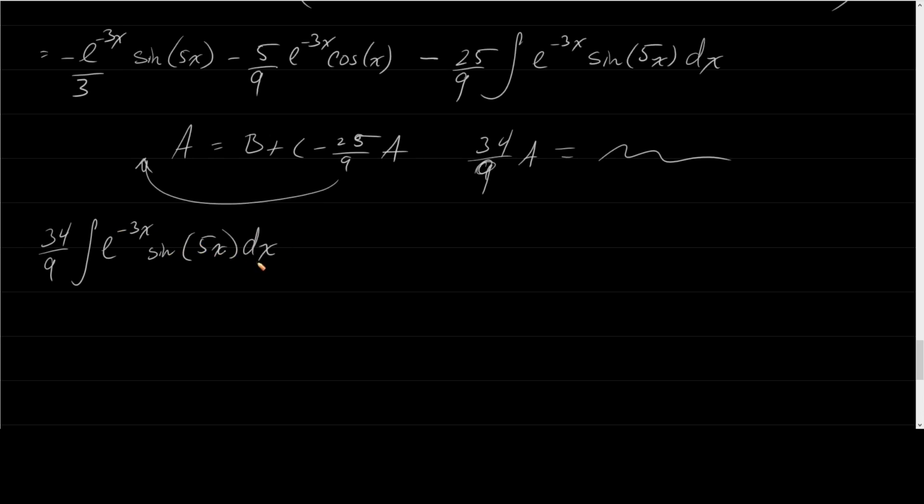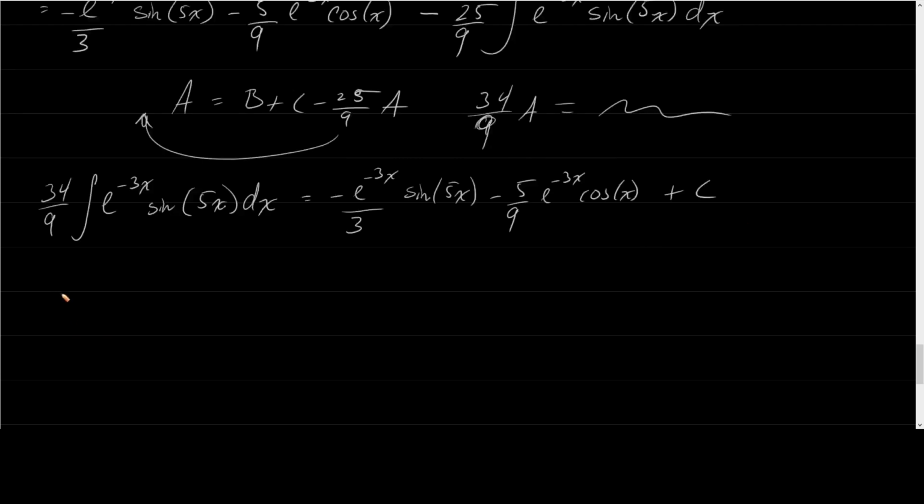That integral is going to be equal to what we had left over here. So that's negative e to the negative 3x over 3 times sine of 5x minus 5/9 e to the negative 3x cosine x plus C. Don't forget to put your constant of integration.